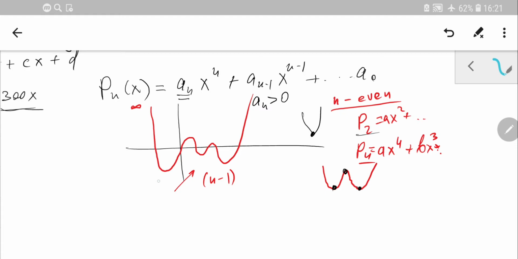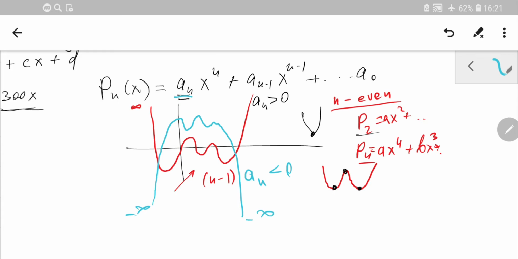I'm not going to reflect it because other coefficients might be different. It means I consider minus pn of x. I just consider that an is negative in this case, and it goes down. So from negative infinity, it goes up and then goes down to negative infinity.